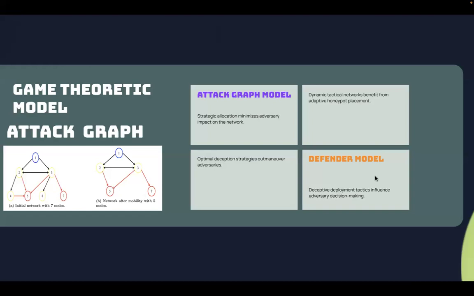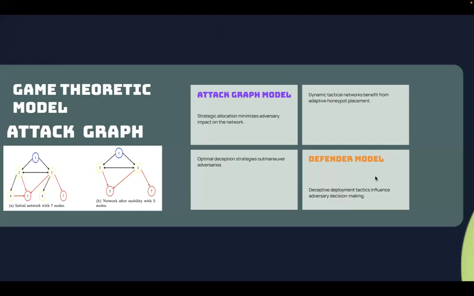It's crucial for the defender to consider this future mobility information when allocating honeypots initially. Our model highlights the importance of factoring in the network's future changes. While we focus on nodes leaving the network in this example, our model is versatile enough to accommodate any future topology adjustments, such as adding or removing connections or nodes.